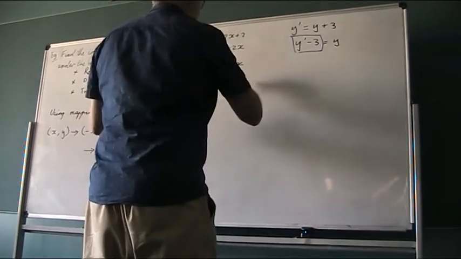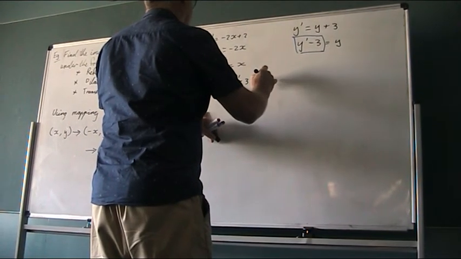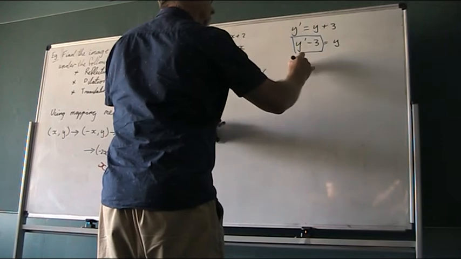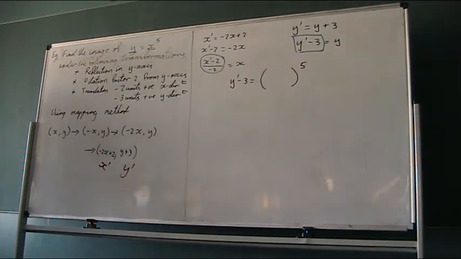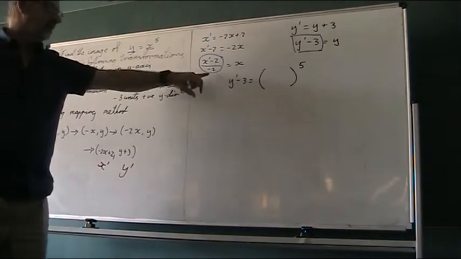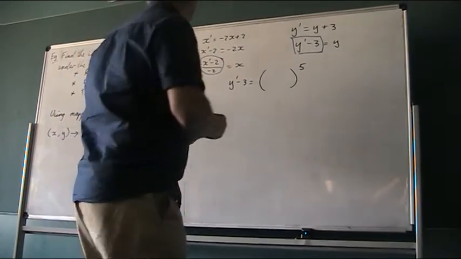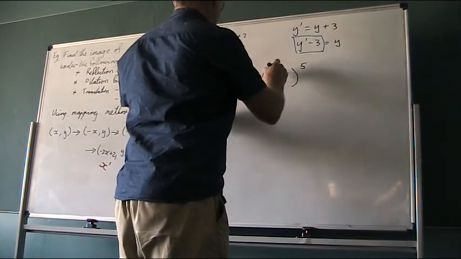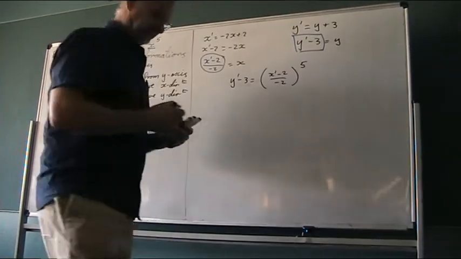So when I do that, I've got y dash minus 3 equals, okay, so I'm replacing x by all of this stuff, and here remember the x is to the power of 5. So we've got x dashed minus 2 over negative 2.